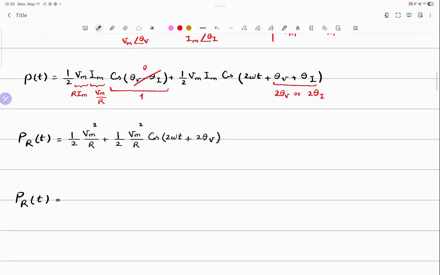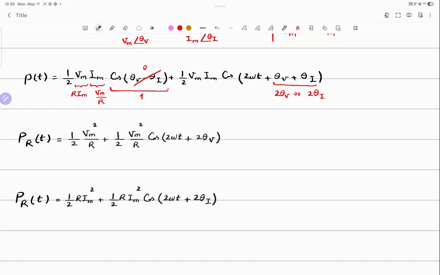Okay? Now let's rewrite it, but only using current. It's going to be 1/2 R Im squared plus 1/2 R Im squared cosine(2 omega t plus 2 theta I).